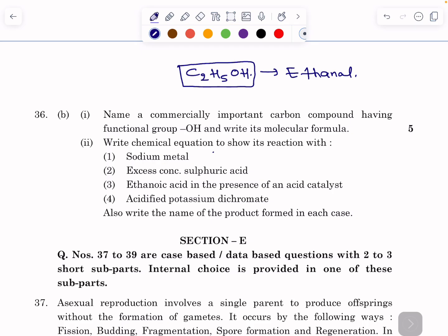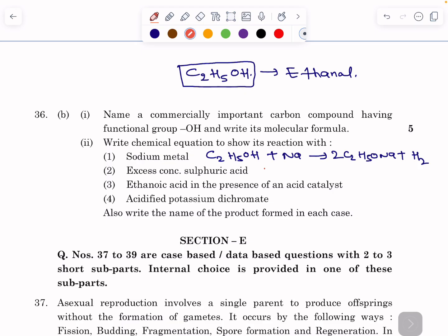Okay. Next, write chemical equation to show its reaction with the sodium metal. If ethanol reacts with the sodium metal, it liberates hydrogen gas, and also it forms sodium ethoxide, that is C2H5ONa. Along with this, hydrogen gas is liberated.